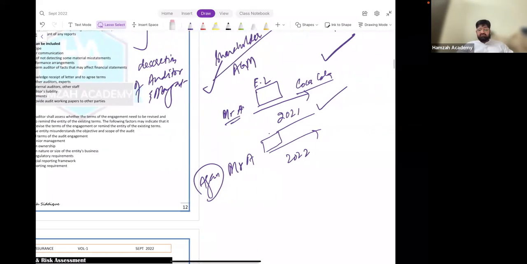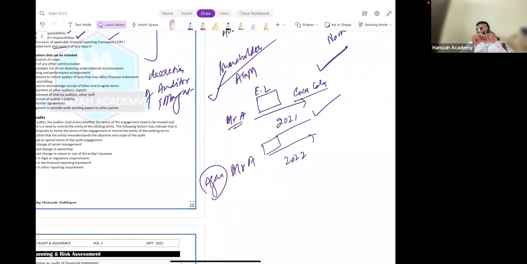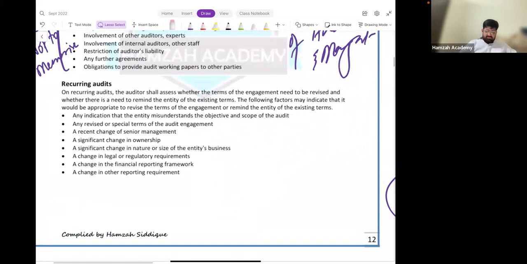What are those circumstances? There is some confusion of responsibilities between the auditor and the management, a misunderstanding. Audit terms and conditions are going to be revised as compared to last year.